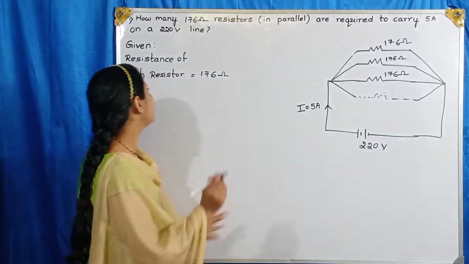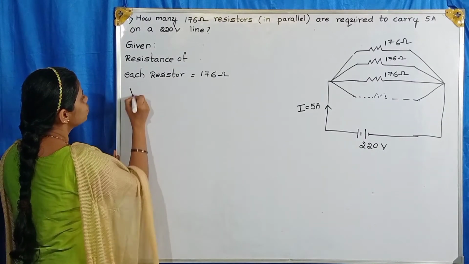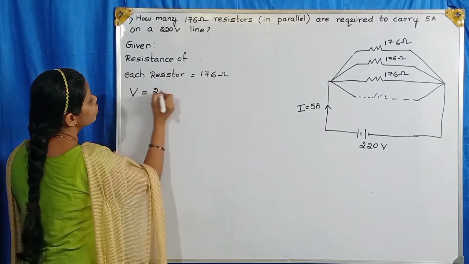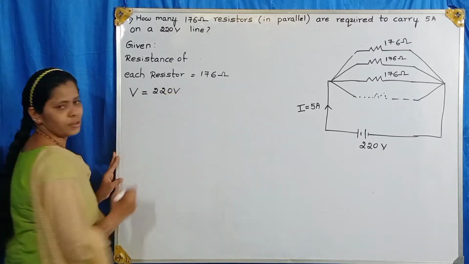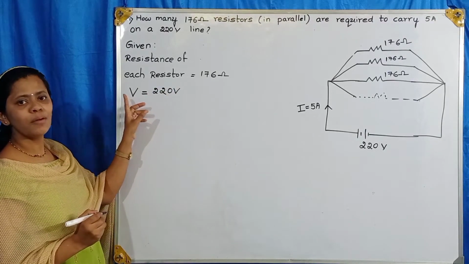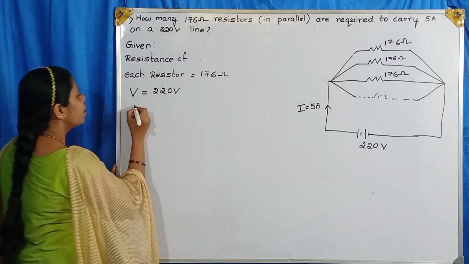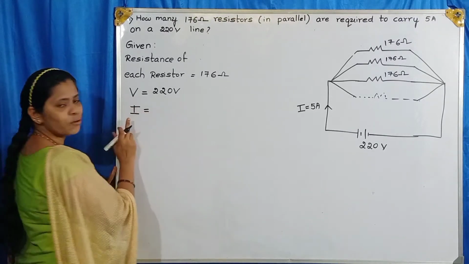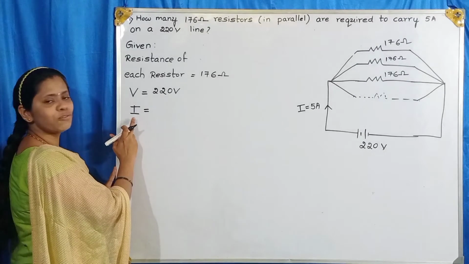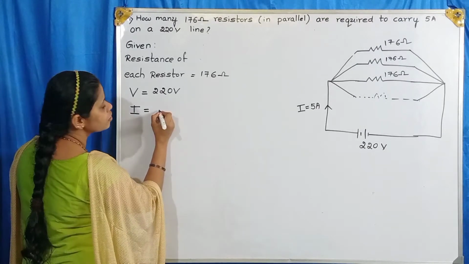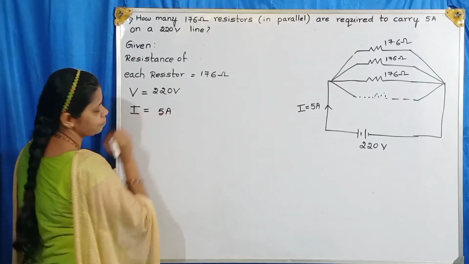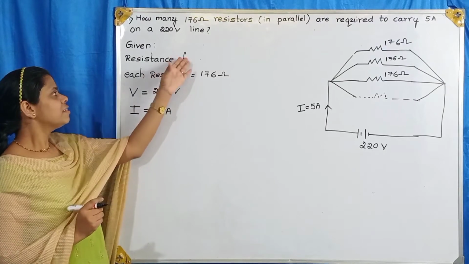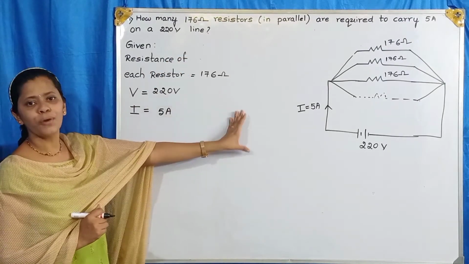Potential difference, that is 220 volt. We know that V represents the potential difference, and I represents the current that flows in a circuit. That is 5 ampere. These are the things given in the problem.